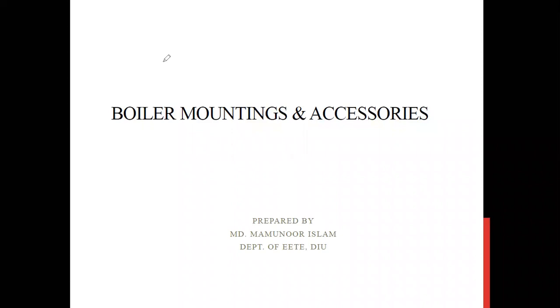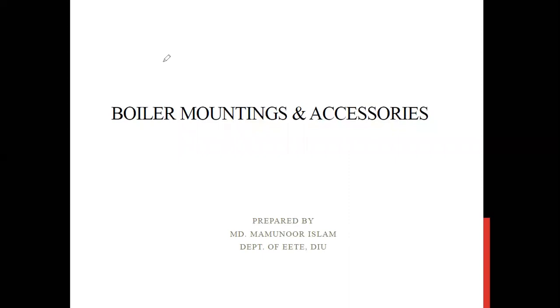So today's topic is the boiler mountings and boiler accessories. In the previous classes we have studied the steam power plant. One of the most important components of the steam power plant is the steam boiler.